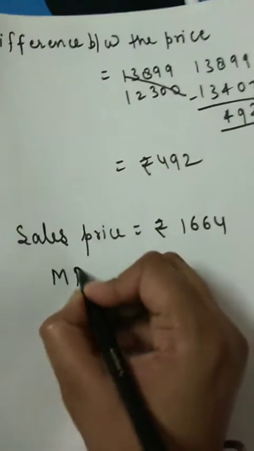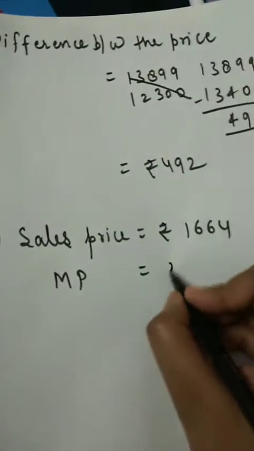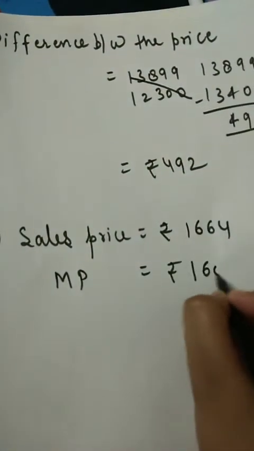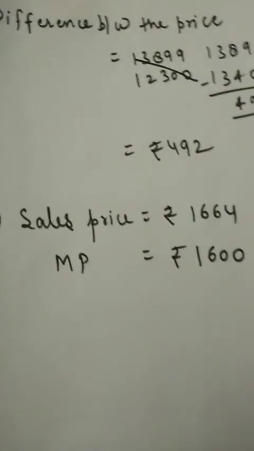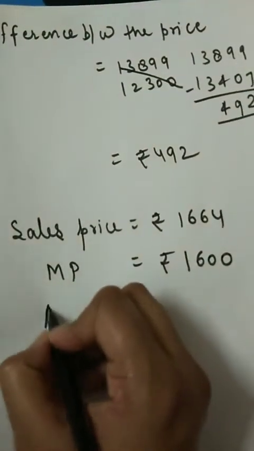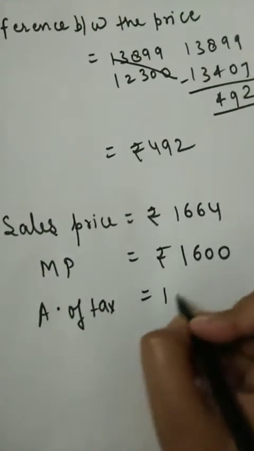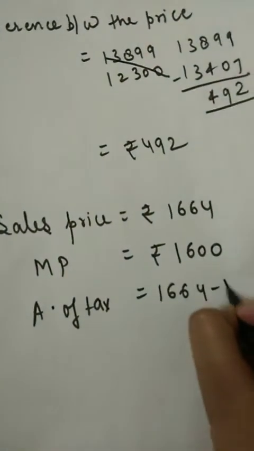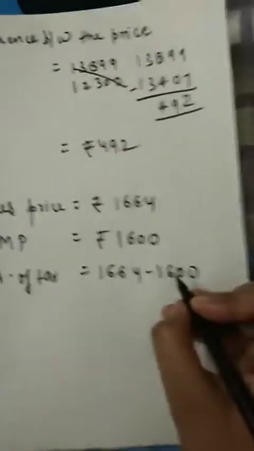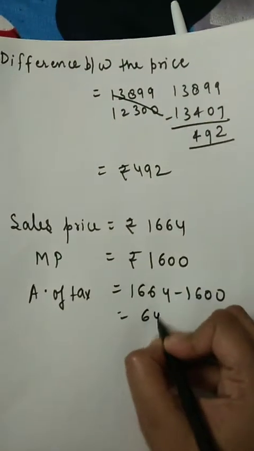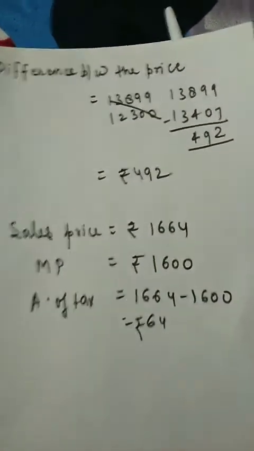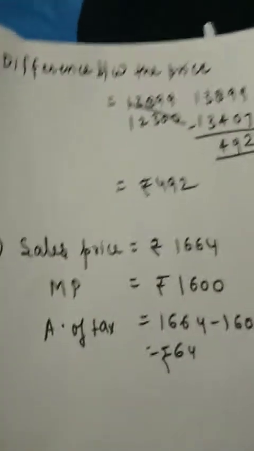Marked price is given as rupees 1600. Now the amount of tax is 1664 minus 1600, which will be equal to rupees 64. This is the amount of tax in rupees.